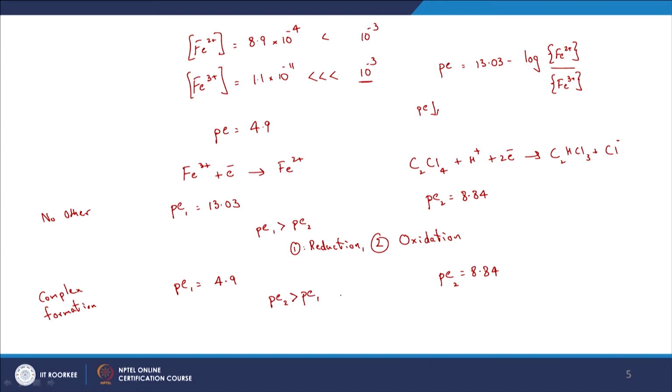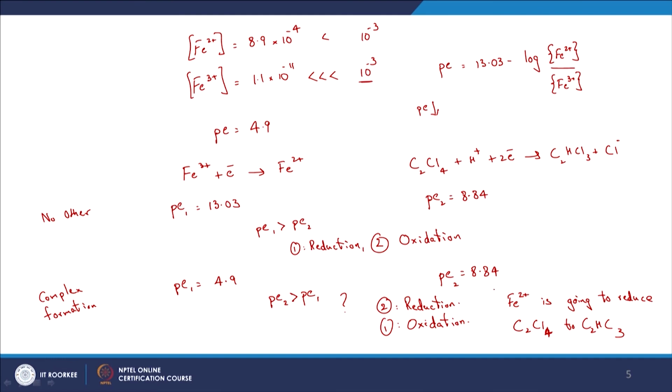So what does that mean now? 2 would go through as reduction, while 1 would go through as oxidation. And again, what does that mean? That more or less means that Fe2+ is going to reduce C2Cl4 to C2HCl3.